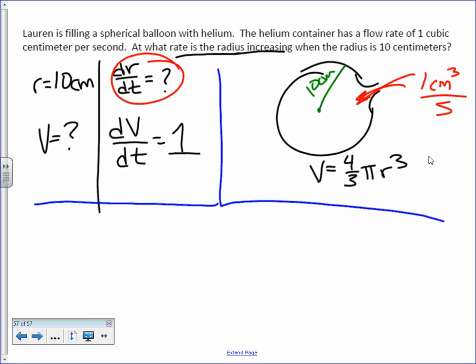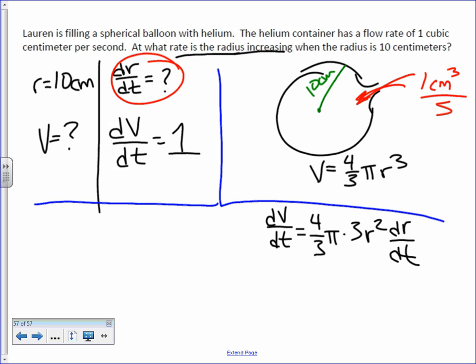Okay, so every time in these problems, we're going to be taking the derivative of this equation we're interested in. So I take the derivative, dV/dt equals, now 4/3 pi is just a constant multiple, so that goes along for the ride. 4/3 pi, and then r cubed, I have to do chain rule, so it becomes 3r squared dr/dt.